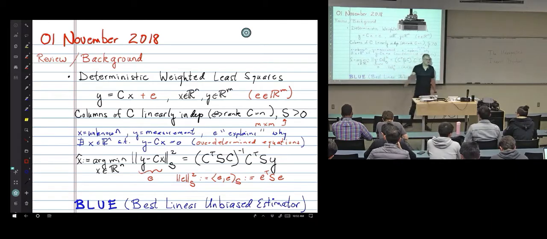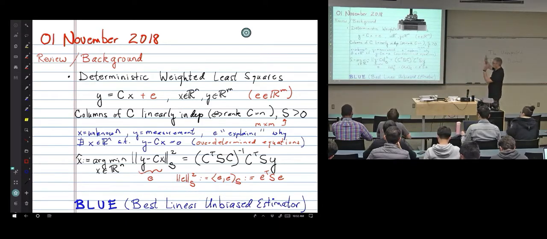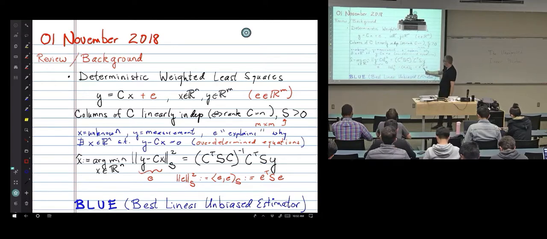So it explains the mismatch in what you're measuring, how these equations supposedly arrived, and the measurement. And so we set up a least squares problem.